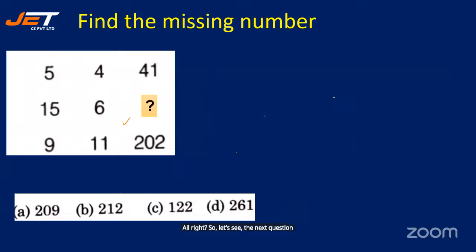We have 5, 4, 41, 15, 6, dash, 9, 11, 202. Okay. Yes. Right. So take more than 2 minutes, students. These are supposed to be time saving questions.